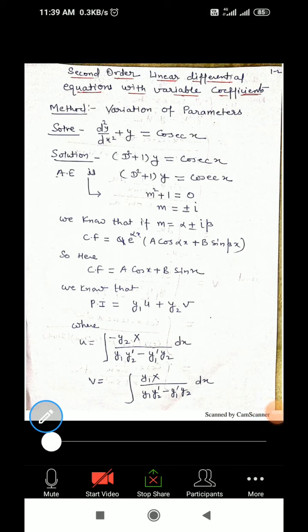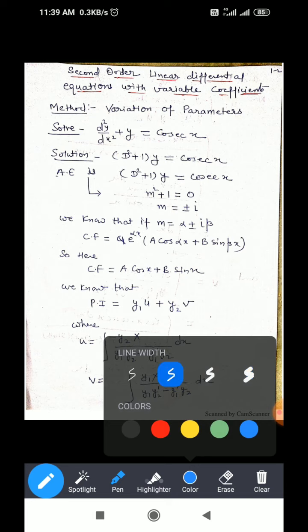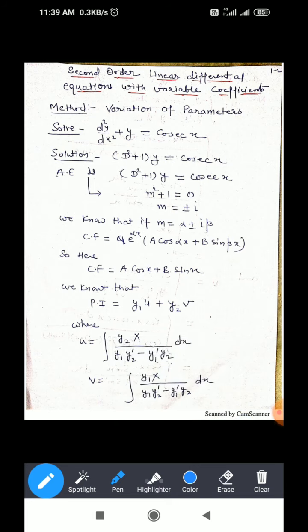So look at the screen. Here the problem is: solve d2y by dx square plus y is equal to cosec x. Before solving, we are going to find the auxiliary equation.